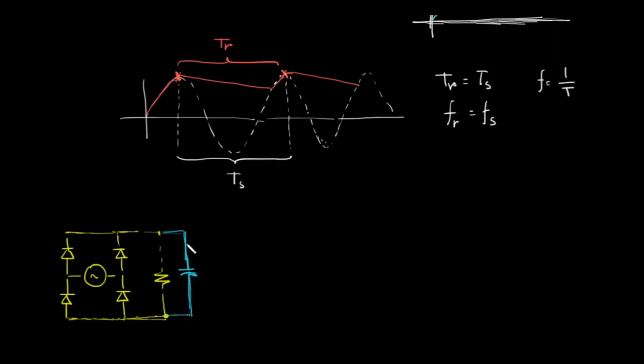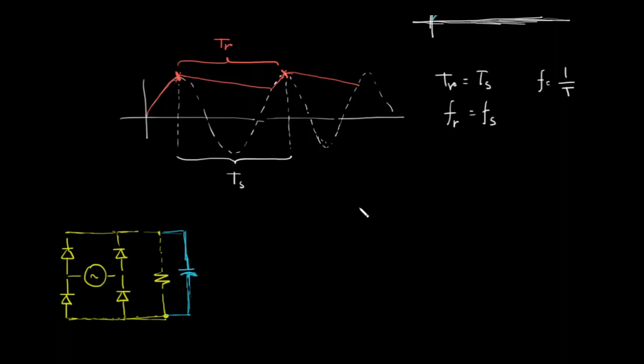Yeah, simple as that. We attach the capacitor in parallel with the output resistance. So in this case, what will the output graph look like?